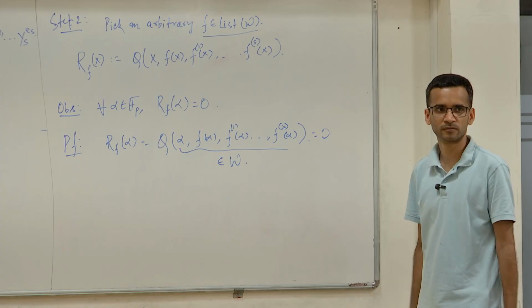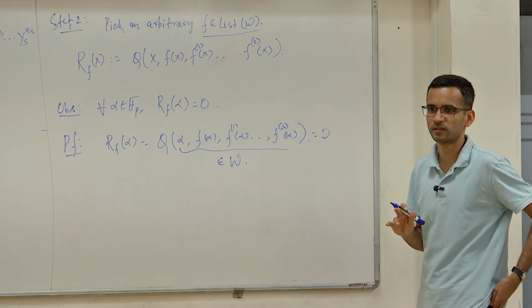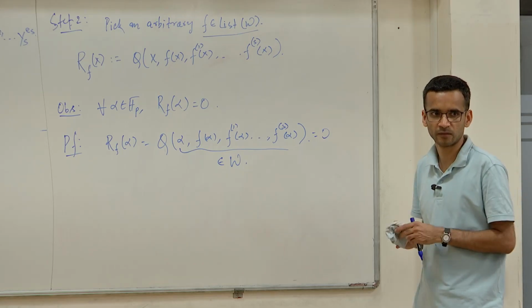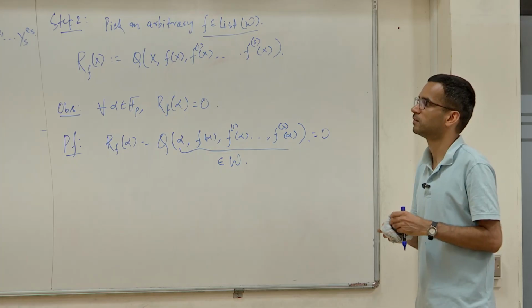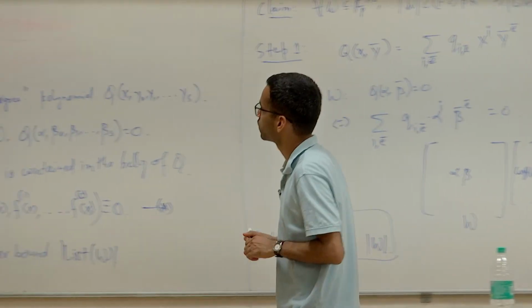Is that good? If that's not clear, now is a good time to stop. Maybe someone might want to see the definition of list again. Okay. Remember what list of W was?